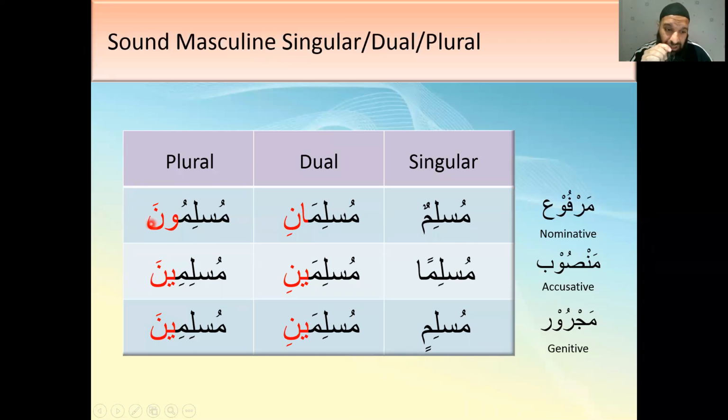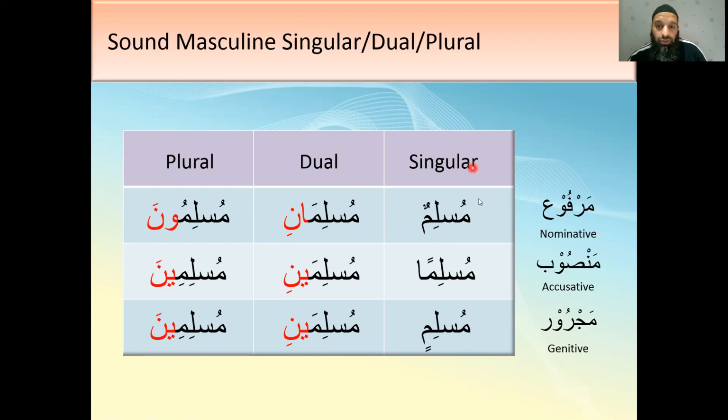And then when you come across another word and it ends in una, you know it's the plural of that original word. So this is super important. Kadhibuna means liars, those who lie. And kadhibani means the two that lie. And kadhibun is liar, one liar.